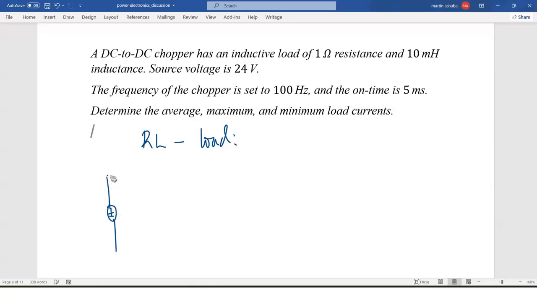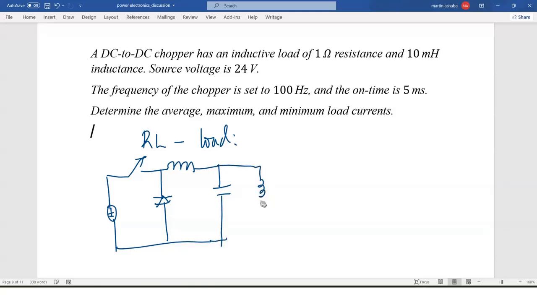If we are to draw the circuit, we have the switch there, then we have a freewheeling diode here, and we can always put a capacitor here, and then the load is inductive.